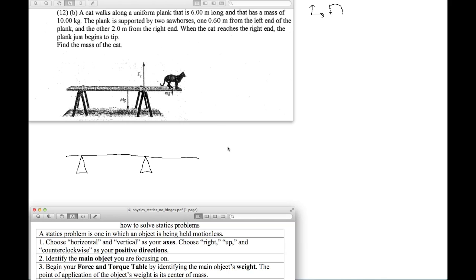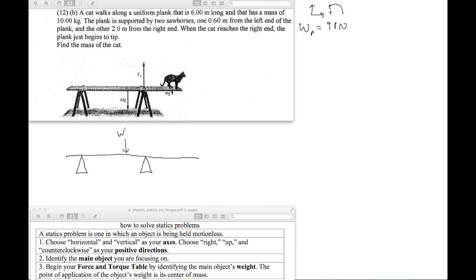Okay, so the main object's weight is given as 98 newtons, 10 times 9.8. Good. And that's 98 newtons down, applied at 3 meters from the center of the plank.